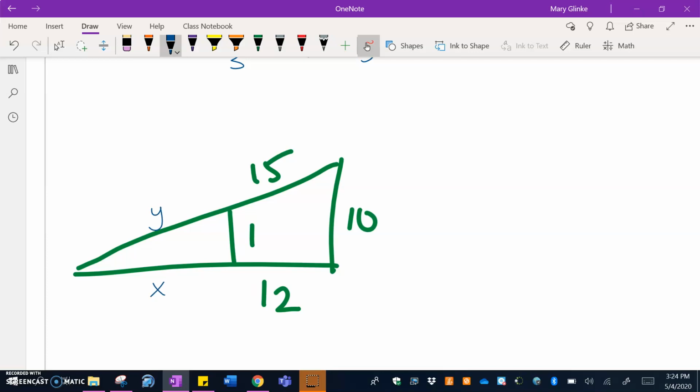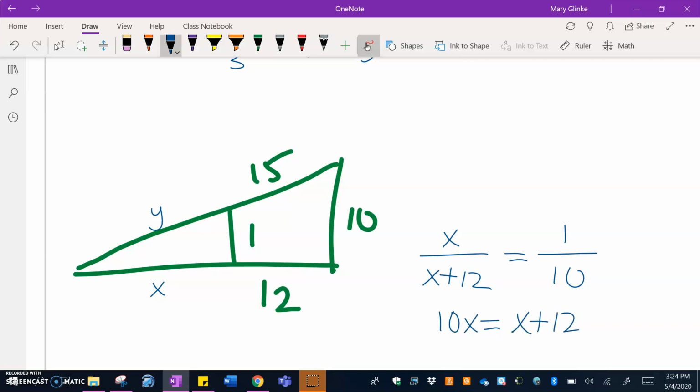So we are going to use x over x plus 12, so the smaller to the larger, equals, and I'm going to use my radii here now, 1 compared to 10. I'm going to cross multiply and get 10x equals x plus 12. So 9x equals 12. When we divide by 9, we're going to get that x is 4/3.